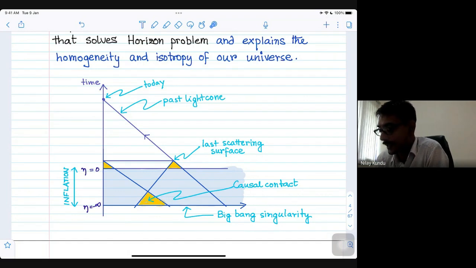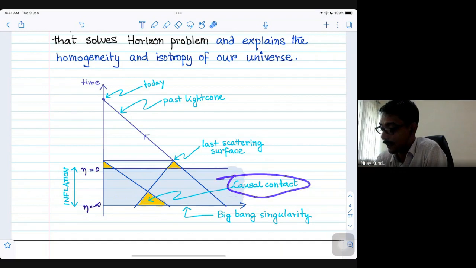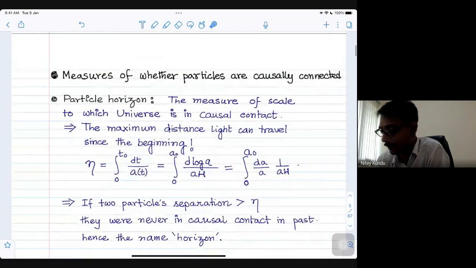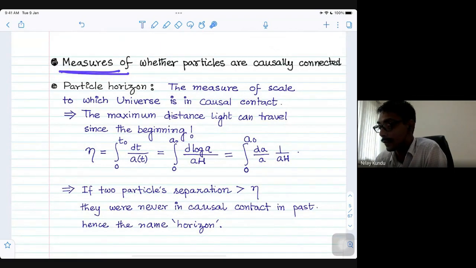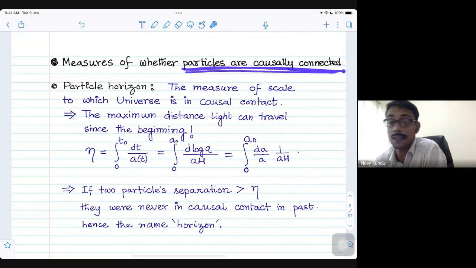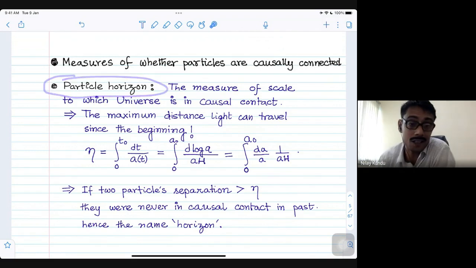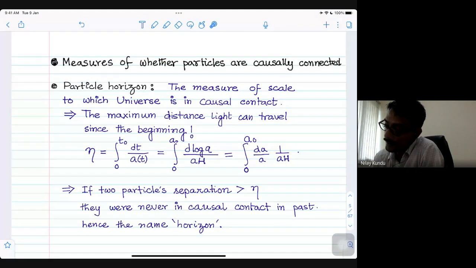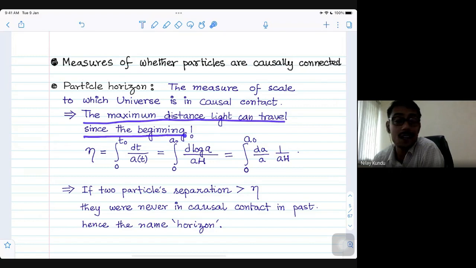So here, as we can see, there is a discussion about causal contact, whether this point or this point were in causal contact with each other or not. Let me be more precise by saying what should be the measure of whether two particles are causally connected or not. There is one notion which is called the particle horizon, or co-moving particle horizon, which tells us that this is the maximum distance that light can travel since the beginning.